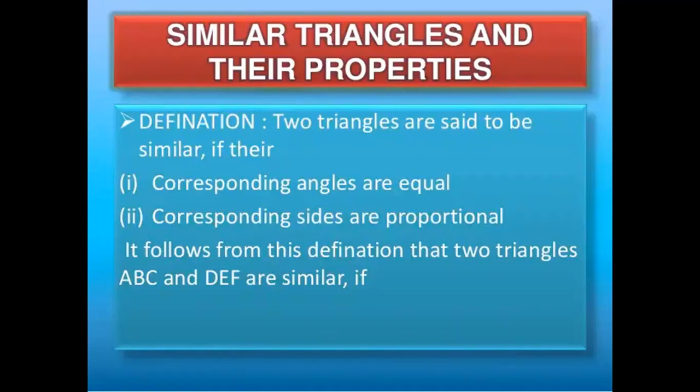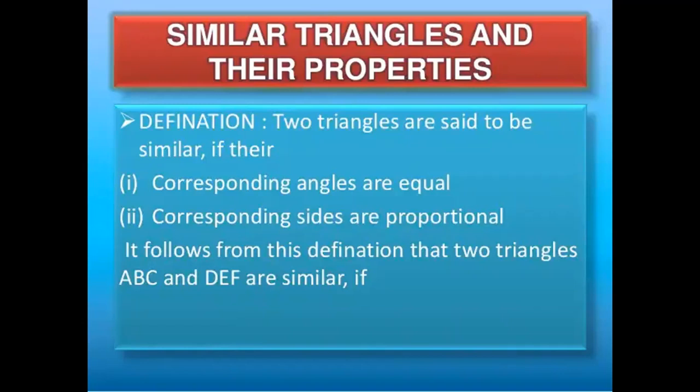So that is number one, one requirement by which we can say that the two triangles are similar: when their corresponding angles are equal. We will discuss more of that later.